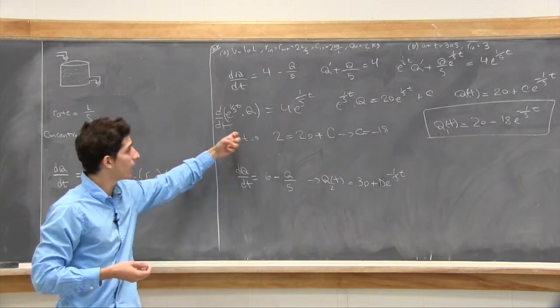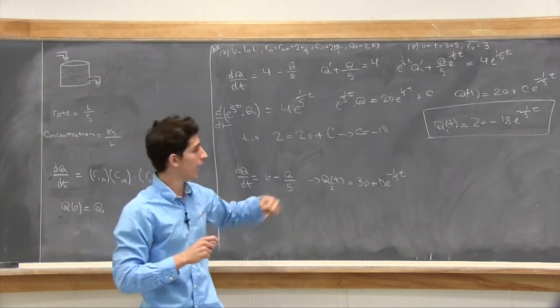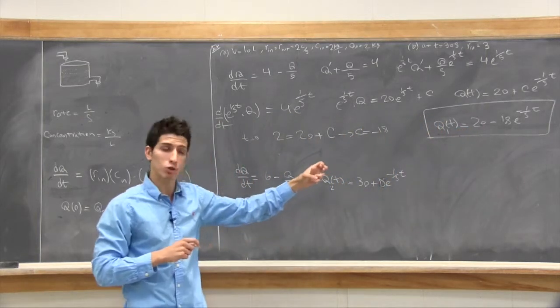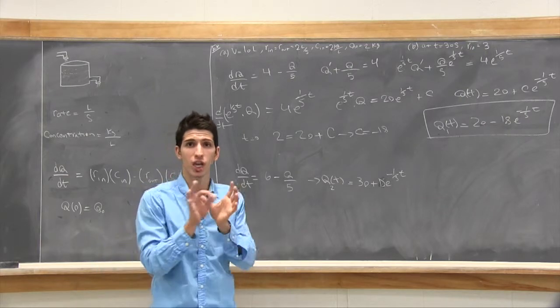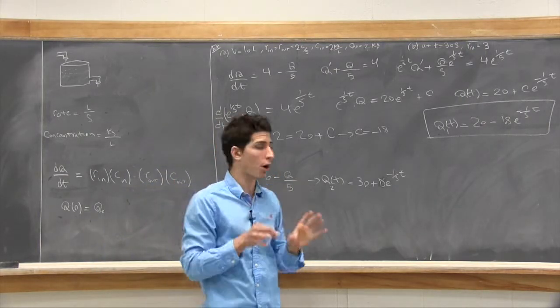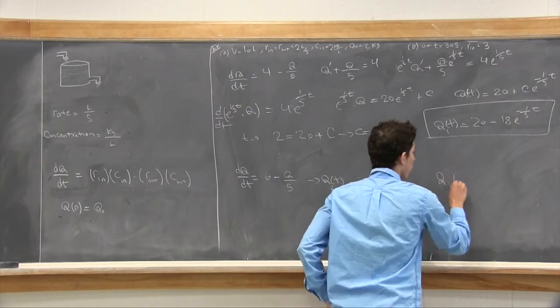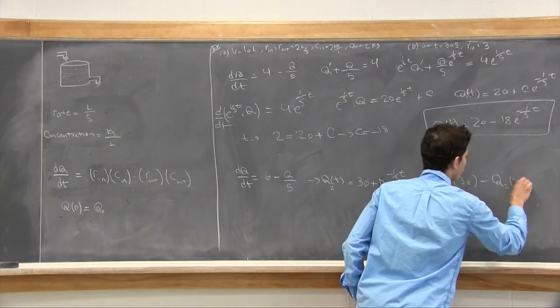We no longer have the boundary condition of how much salt we start with, but it's now going to be how much salt was there when this guy ended. That better be how much salt this guy starts with, because in an instant, nothing changed. We just changed the functions that we're going to be modeling this thing with. So what we're going to do is say q1 of 30 seconds is going to equal q2 of 30 seconds.